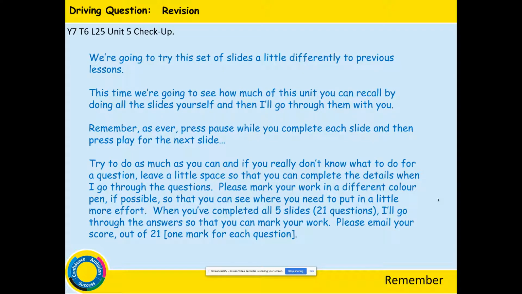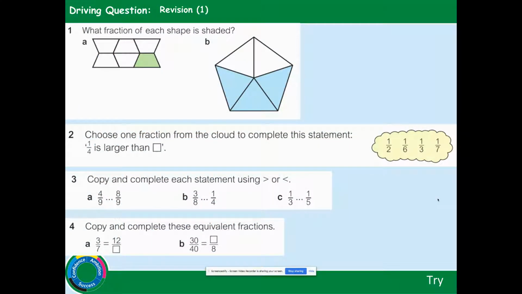So let's get going. First slide, first 3-4 questions. Okay, press pause, have a go at these questions, and then press play for the next slide.